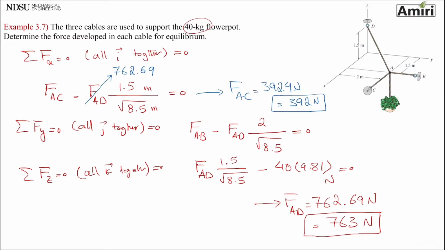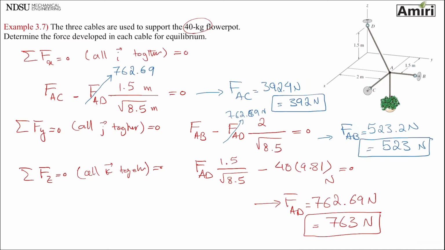And if I put 762.969 back here, I get FAB to be 523.2 newtons or 523 newtons. So we found our three forces. Again, these are magnitudes of tension forces in each cable.